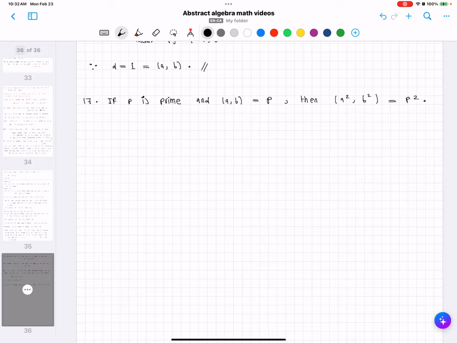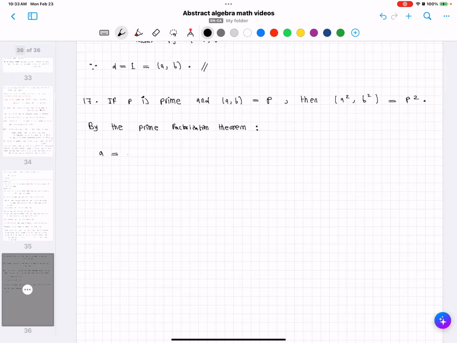So, well, what we can write by the prime factorization theorem, we can write A and B as products of primes.